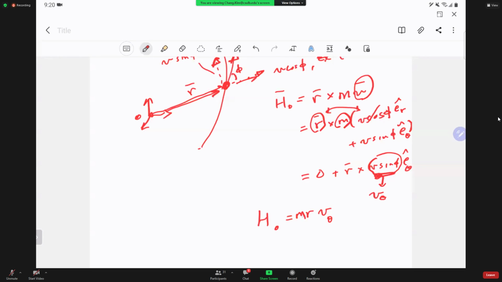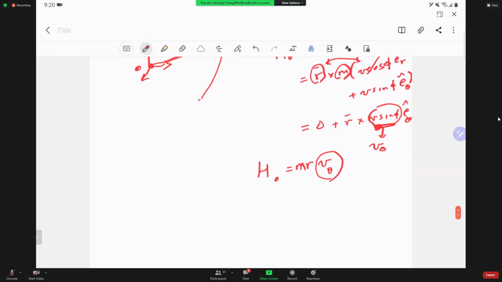From the polar coordinate system, this is designated to be r theta dot. Therefore, H naught is equal to m r squared theta dot.